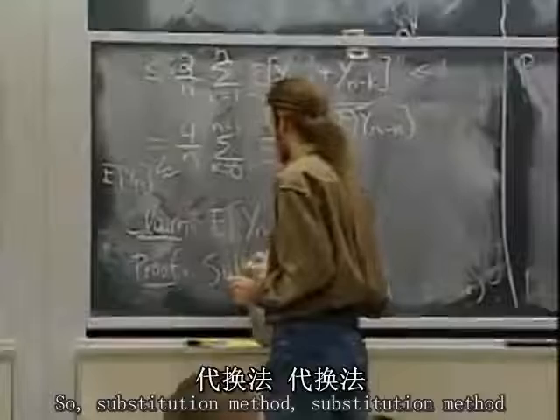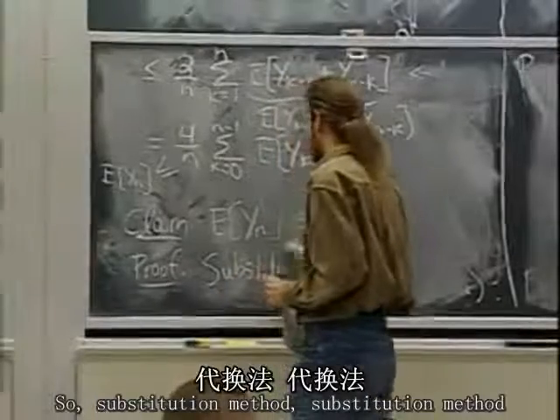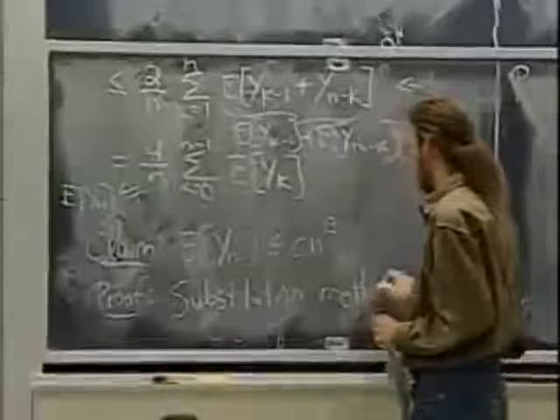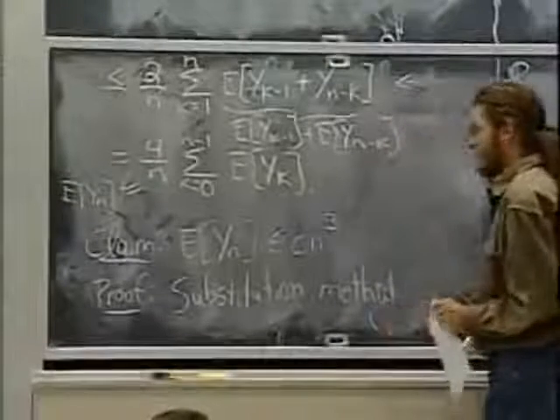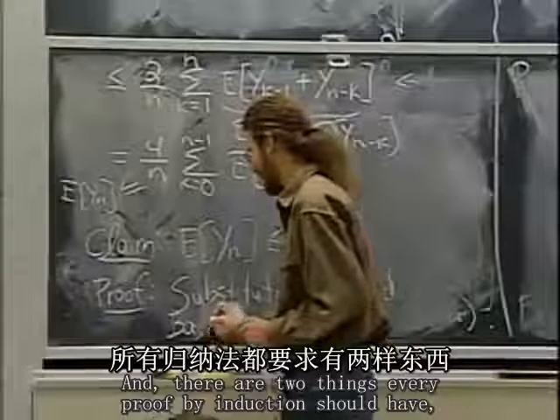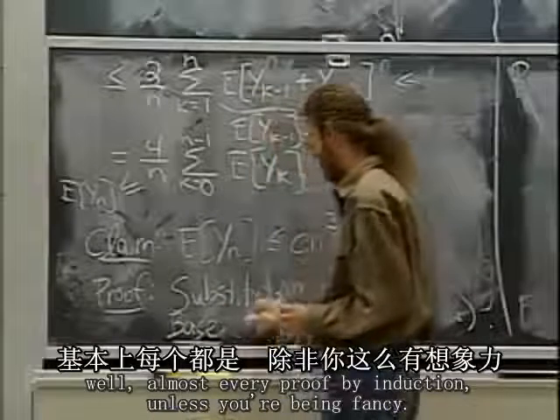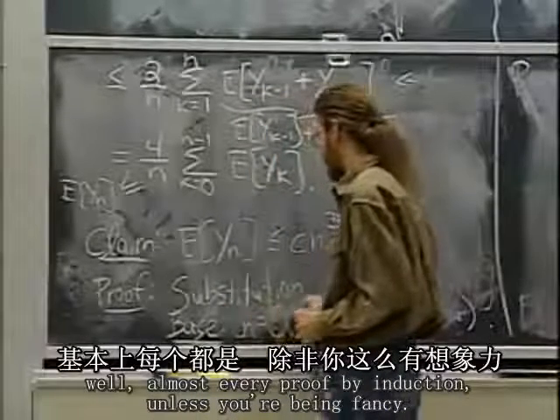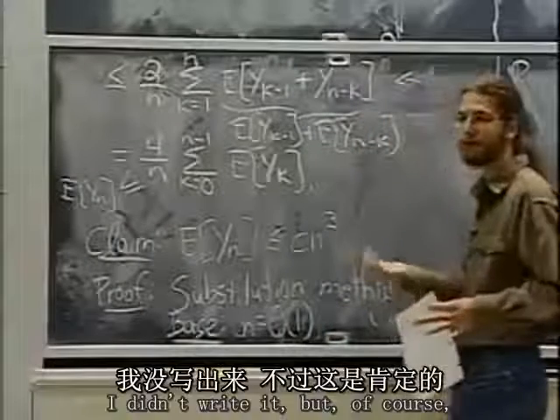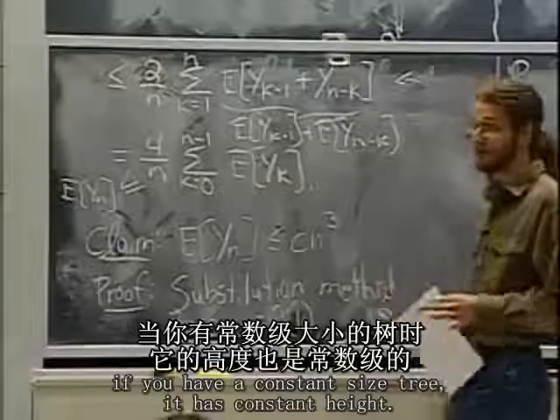So substitution method is just a proof by induction. And there are two things every proof by induction should have. Well, almost every proof by induction. Unless you're being fancy. It should have a base case. And the base case here is n equals order 1. I didn't write it, but of course, if you have a constant size tree, it has constant height.